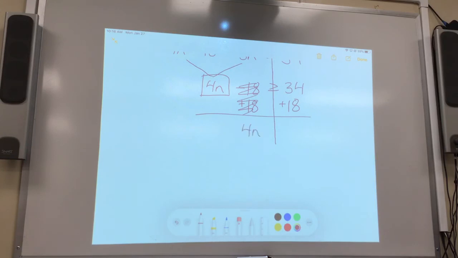I haven't done anything to change my inequality yet, so it's remaining greater than or equal to 52. Divide by 4. Does dividing by 4 change your inequality? No, it's a positive, so nothing is changing the inequality. n is greater than or equal to 13.